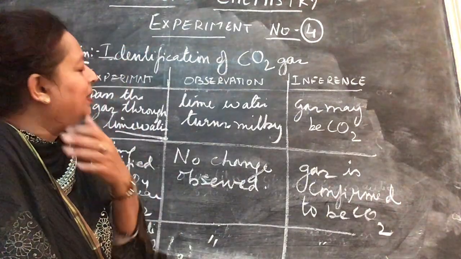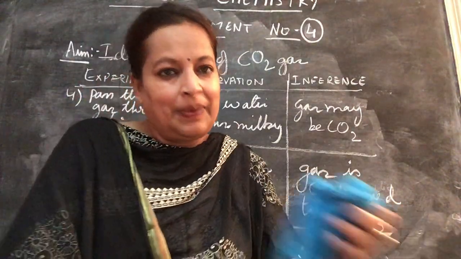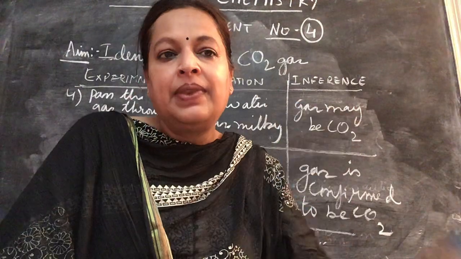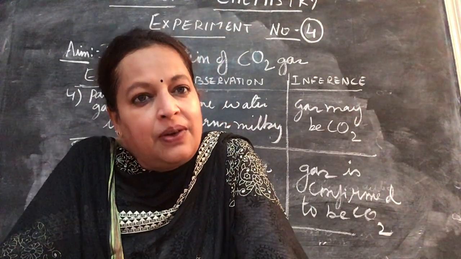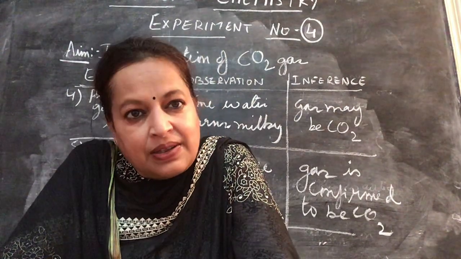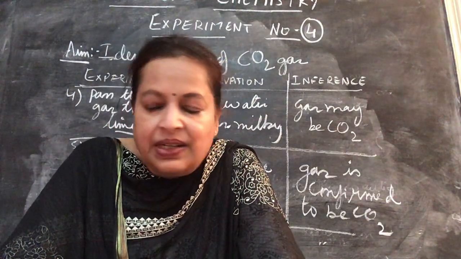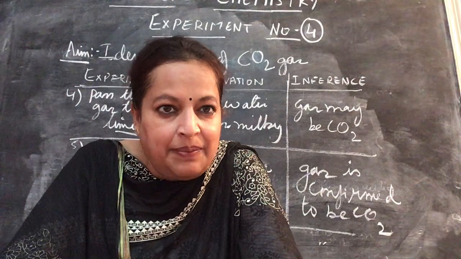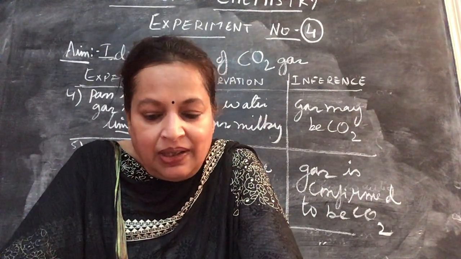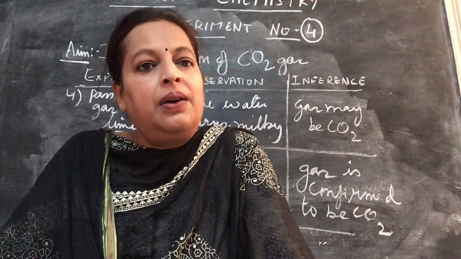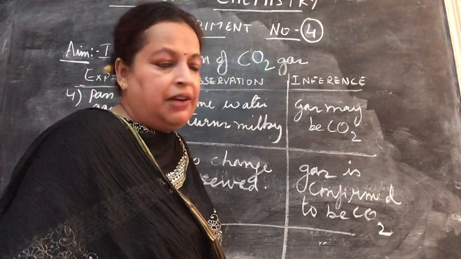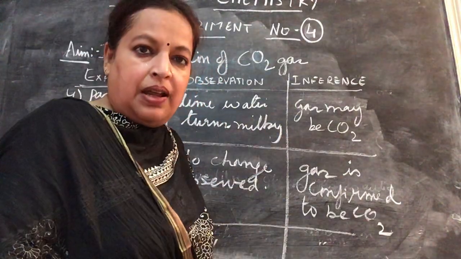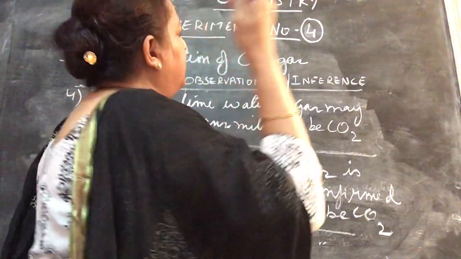Now, side by side, we can quickly do identification of sulfur dioxide gas, because almost the same tests are there for sulfur dioxide. The lime water test and all those tests are the same. So let's do it quickly. Now, the reaction part. For the preparation of carbon dioxide, I'll write the reactions here.